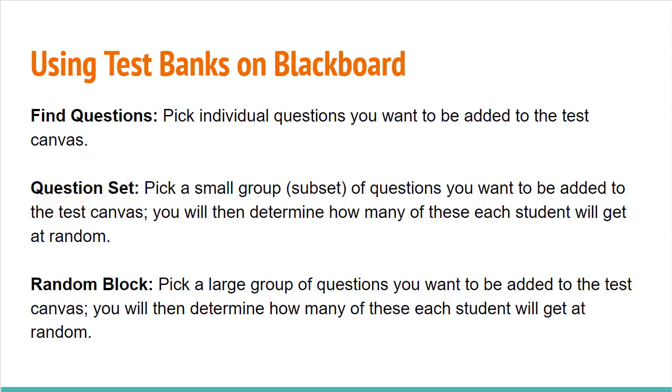You will then determine how many of these each student will get at random. Finally, a random block is when you pick a large group of questions you want to be added to the test canvas. You will then determine how many of these each student will get at random. These can be used multiple times and in combination with each other, in addition to creating questions manually to create your test canvas.